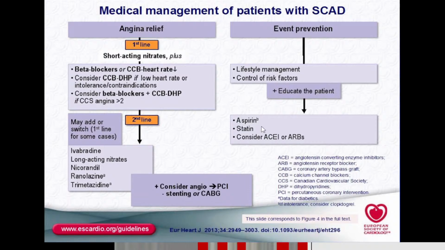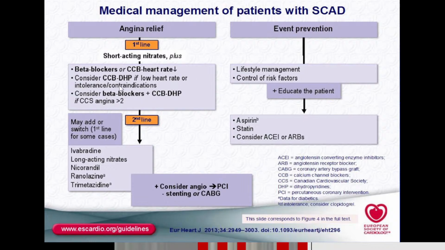So we summarize here on this slide medical management of patient with stable coronary artery disease. For angina relief, first line, we use short-acting nitrates plus beta blockers or CCBs to decrease heart rate.